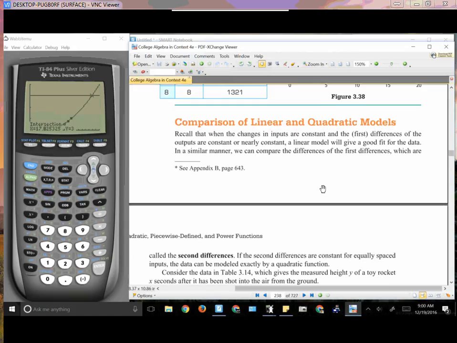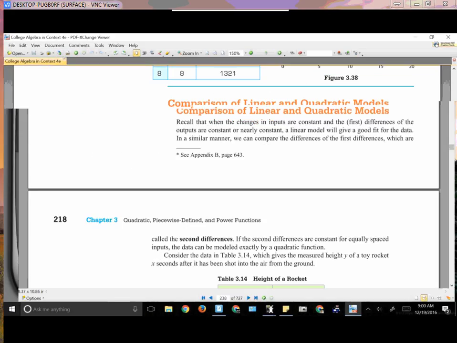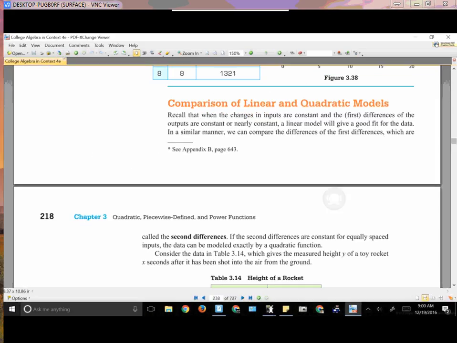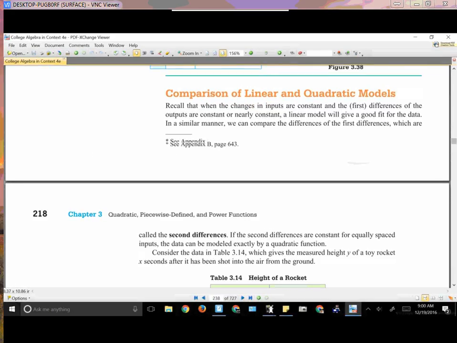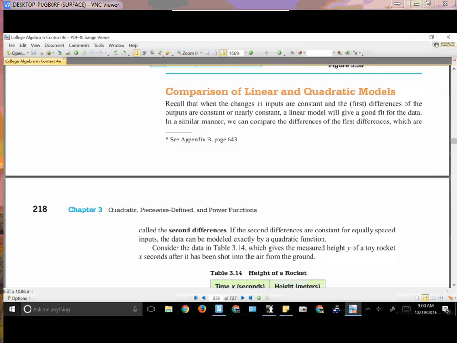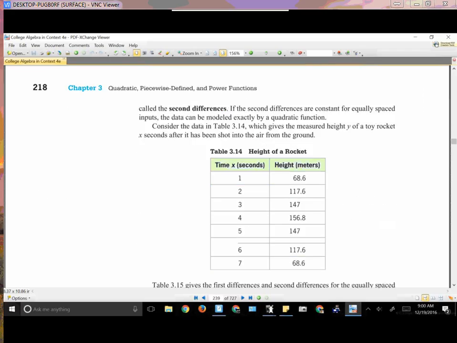Now, this is something that you should make sure that you go through and read. Comparison of linear and quadratic models. When we take a look at data, we sometimes want a quicker and easier way of determining, do we use a linear equation, do we use a quadratic, what do we do?